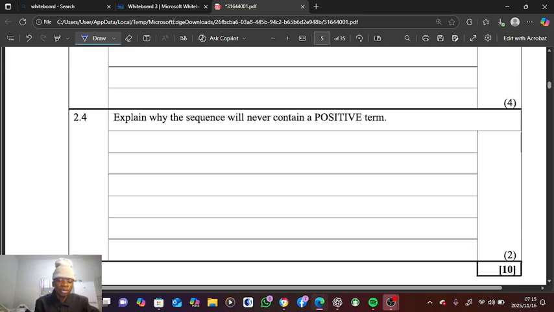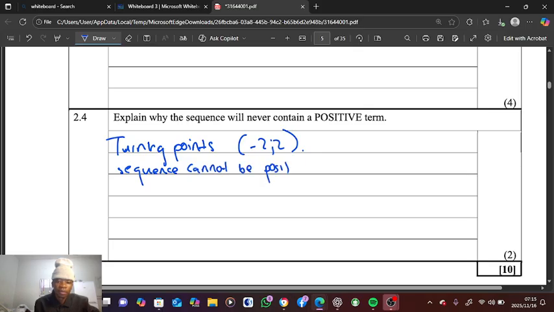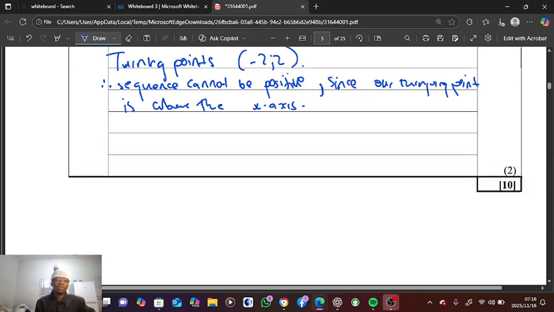When we calculate our turning points, we will see that they are negative 2 and 2, whereby we will notice that our sequence cannot be positive, since our turning point is above the x-axis. So we're done with question 2.